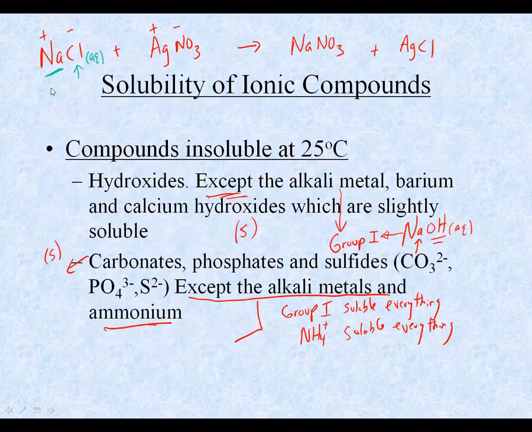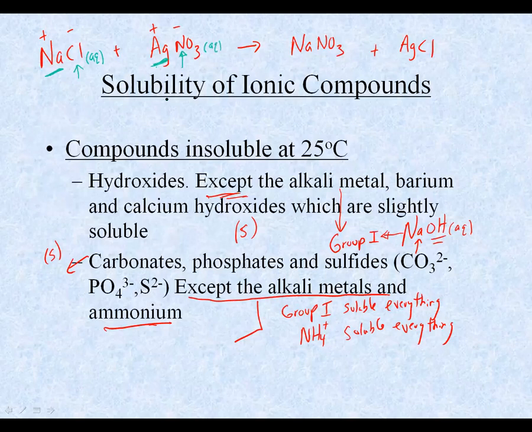When we look at the silver nitrate, we may not be able to find silver by itself on that table, but we can find nitrate. And nitrate, in terms of the solubility rules, is soluble in everything with no exception. So that's all you have to worry about, and that also gets an aqueous symbol.